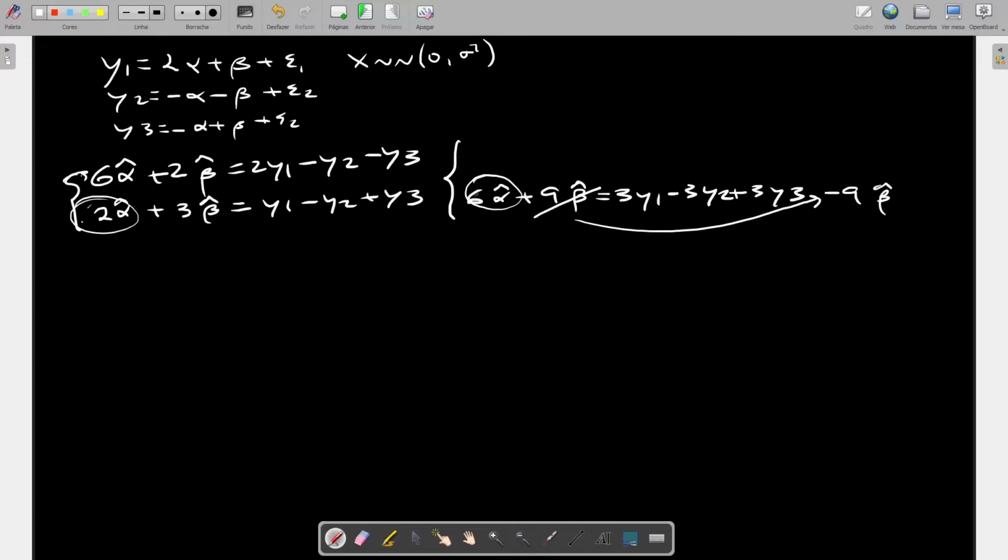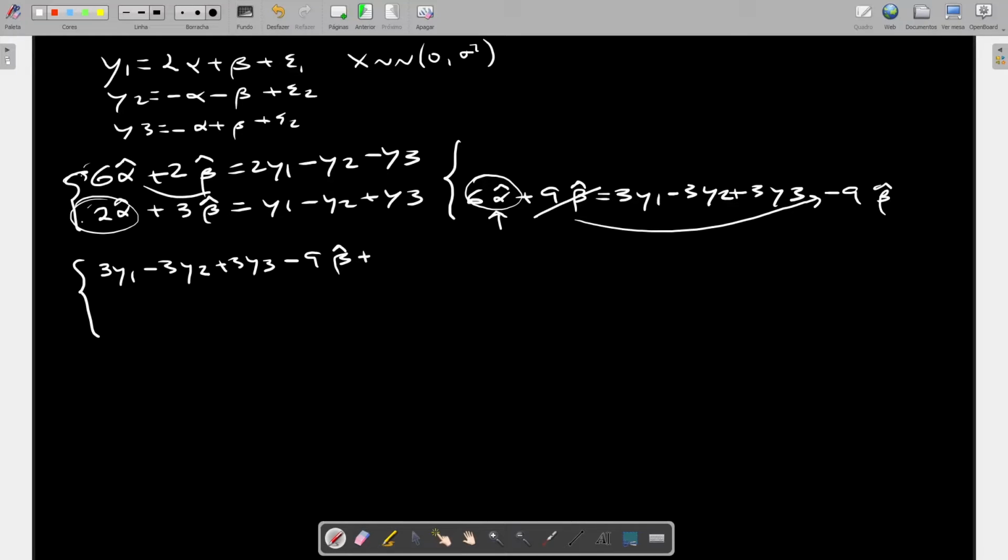So now we have an expression in relation to 6 alpha, which is what we have here. So all we are doing here essentially is simplifying and getting all these terms there. So we have 3y1 minus 3y2 plus 3y3 minus 9 beta.